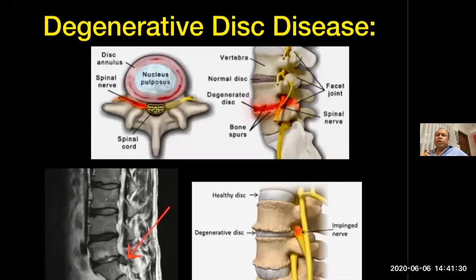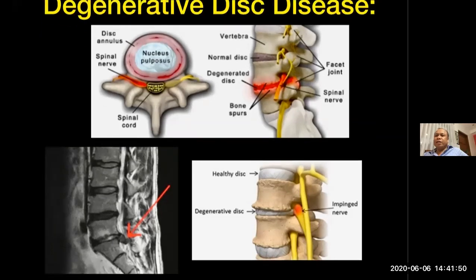Some persons are repetitively carrying or lifting heavy objects, and the disc can actually herniate and hit the nerve that is located right posterior to that specific disc. And so we always try to blame the disc to be the cause of the pain, and our intervention most of the time is to remove the disc in order to remove the pain.